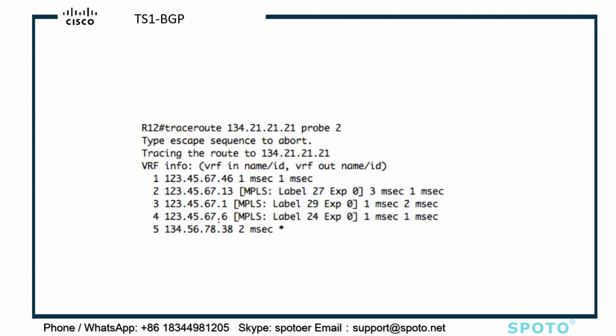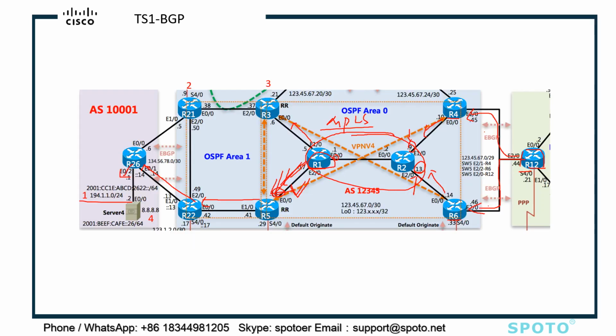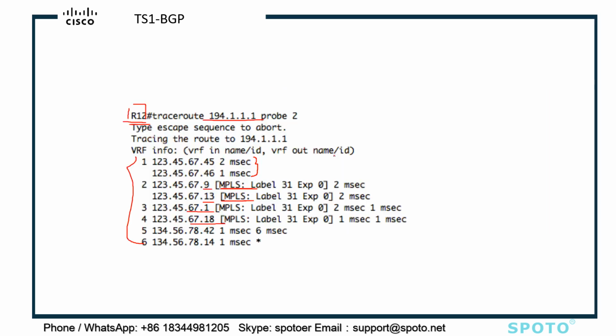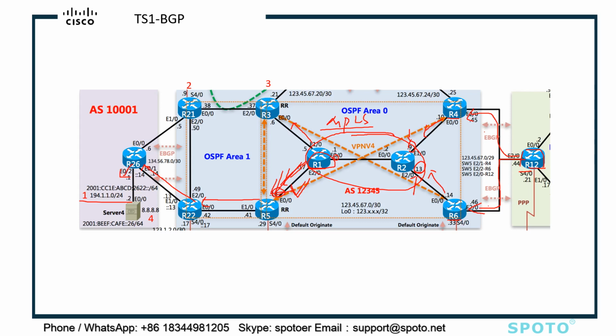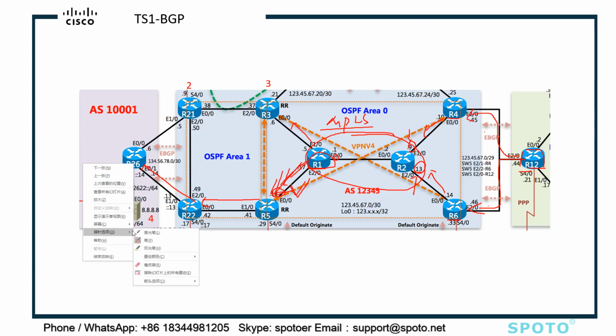And for the next one, we can see it. Next one is the 13 here. So 13 is this one, and the next one is dot 1 here, dot 1 and dot 6. It means the path will be like this one. So I select another color here.